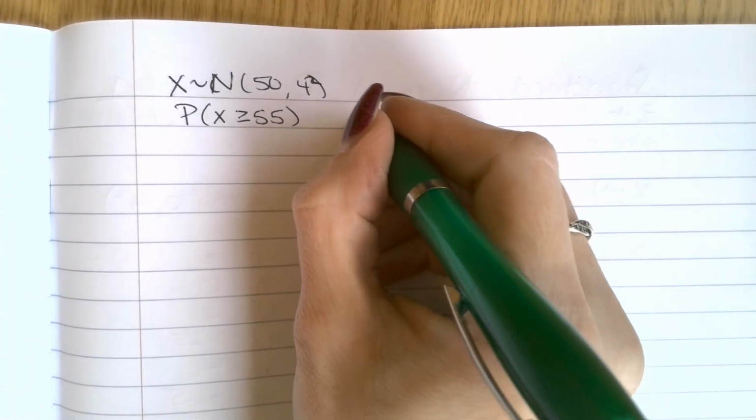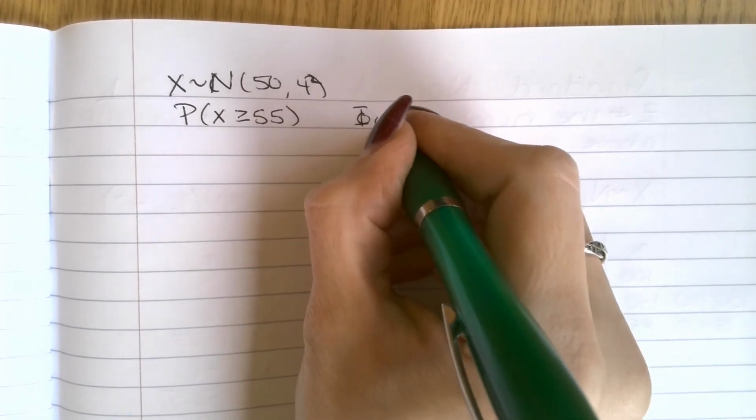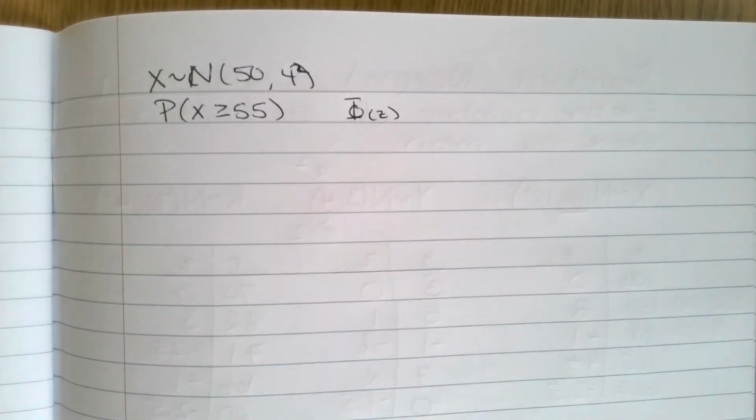Okay, so in this problem, same distribution for x, but we're looking for the probability that x is greater than or equal to 55. So we want to write in terms of phi Z. So we first need to code it.